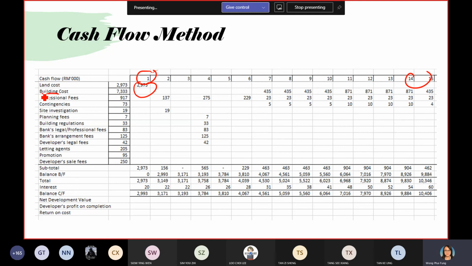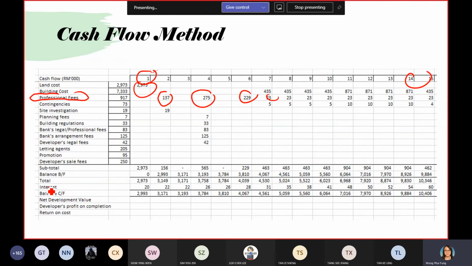Just now I told you, do you pay the architect a lump sum at the beginning? No, we pay professional fees by stages. So by using the cash flow method, you will see that, oh, month 2, we pay this amount. Month 4, we pay this amount. Then 6, 7, 8. By doing that, you can see it more realistically. It allows the spending to be more accurate over the timeline.